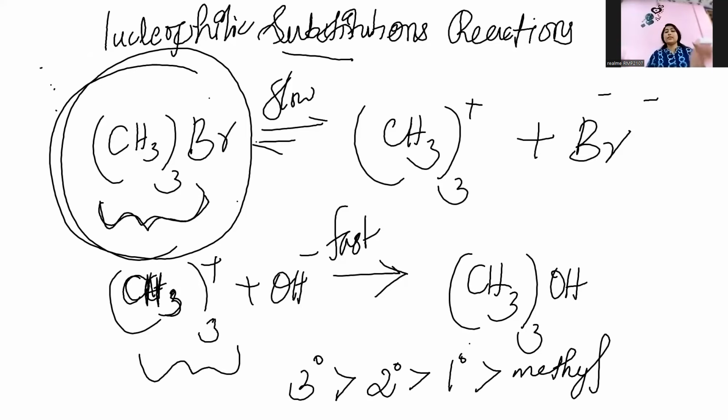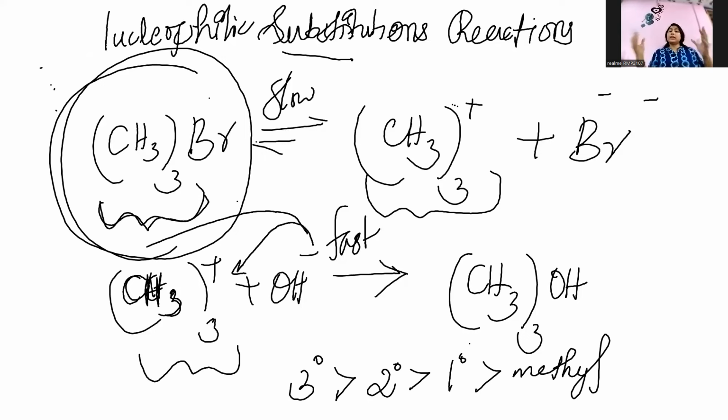I already told you that there is an inversion of configuration in the SN2 reaction. But in the case of the SN1 reaction, we can see that in the carbocation, the nucleophile can attack from both sides, either from the front side or the back side.